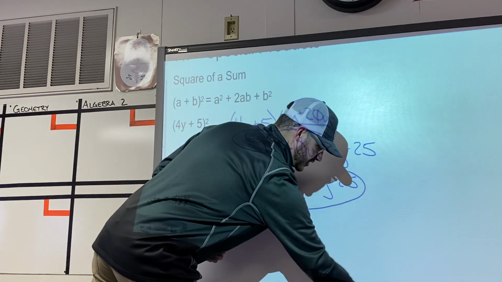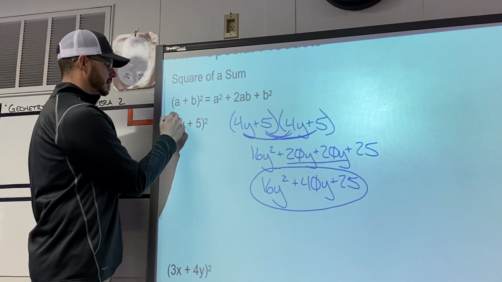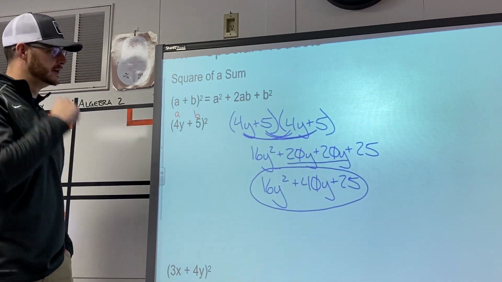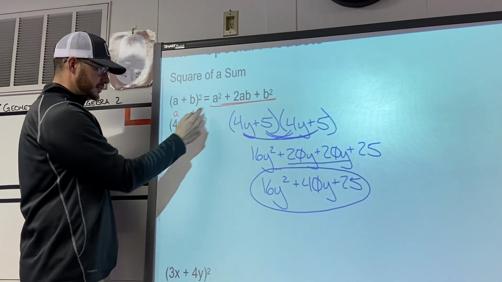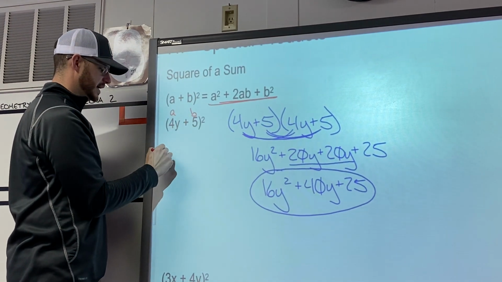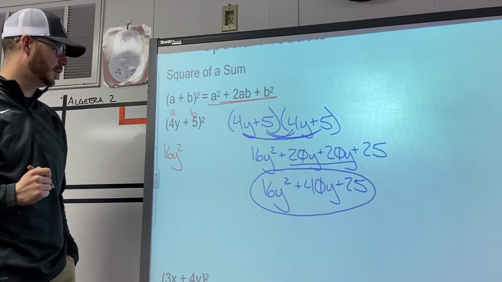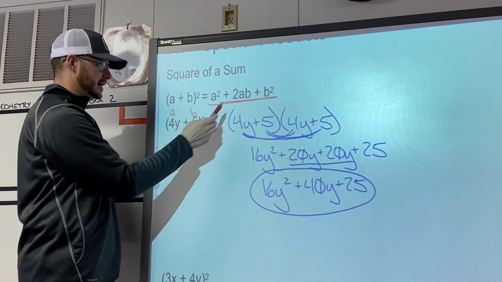So if we look at it without all of the foiling, remember, your first term is your a, your second term is your b. So if we look at this pattern right here, a squared would be 4y squared, which gives us 16y squared, plus 2 times a times b.